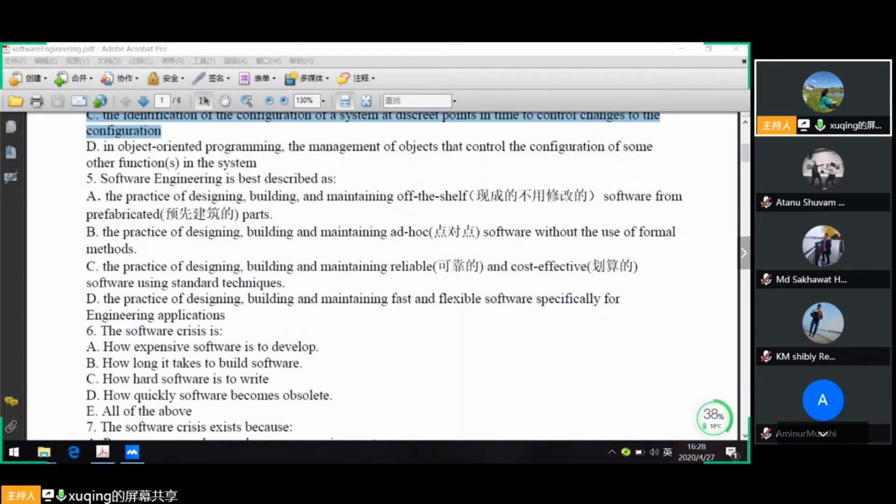And then we have the 6th one to the 10th one. Five minutes for these 5 exercises.